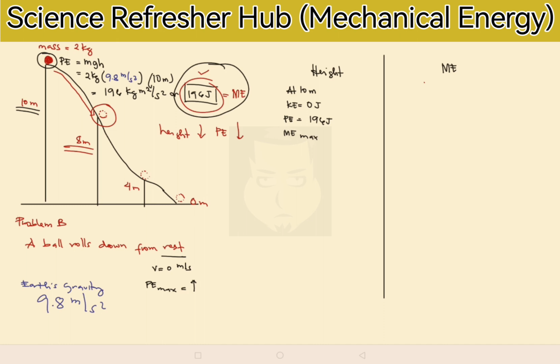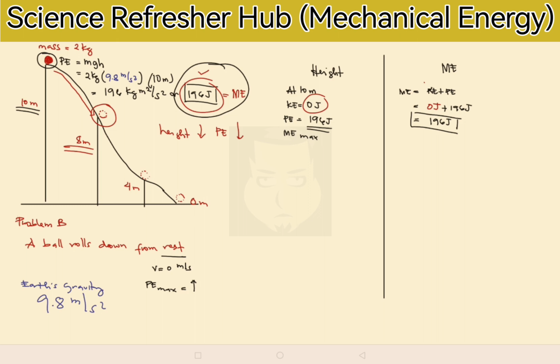To get the mechanical energy, let's just prove it. It's the sum of KE plus PE. KE is 0, so we will put 0 joule here, and then plus the value of PE maximum, that's going to be 196 joules. So our mechanical energy is equivalent to 196 joules, as long as the force involved here is just the gravity. No friction, no other external forces involved.